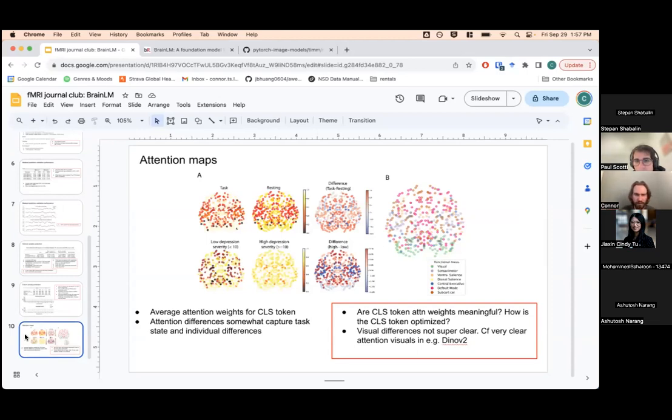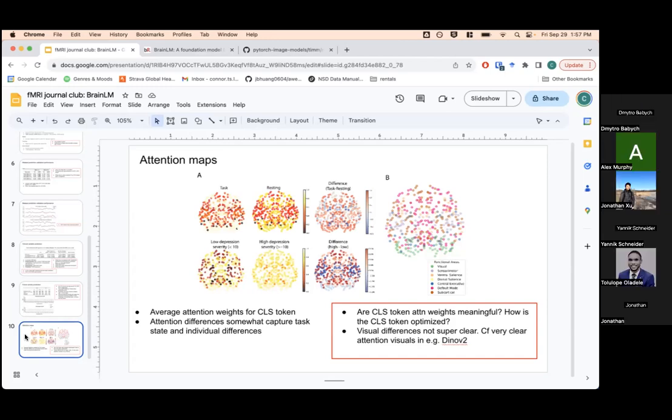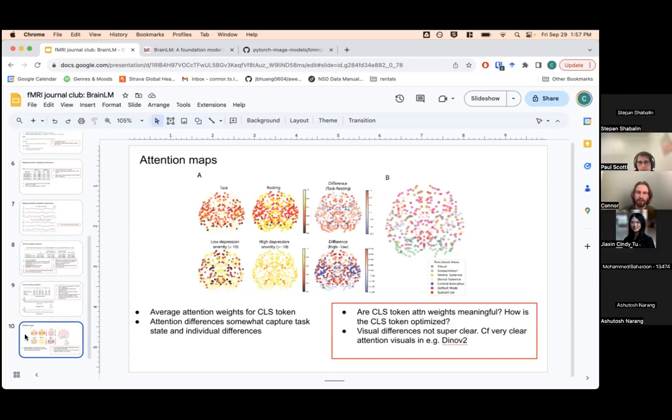The patterns are a little bit hard to make out. Each dot represents one parcel. They're embedded in 2D in a way that isn't super clear. The mapping is given in this B panel, where each dot is colored according to which network it belongs to.